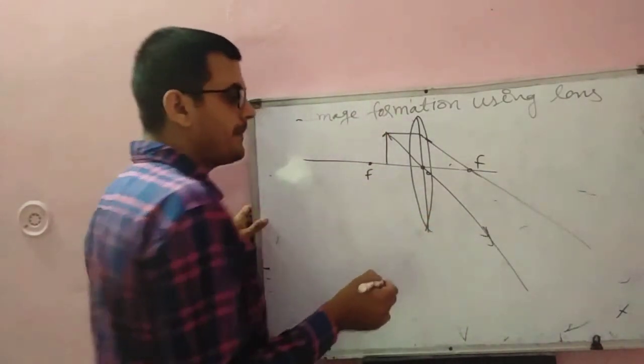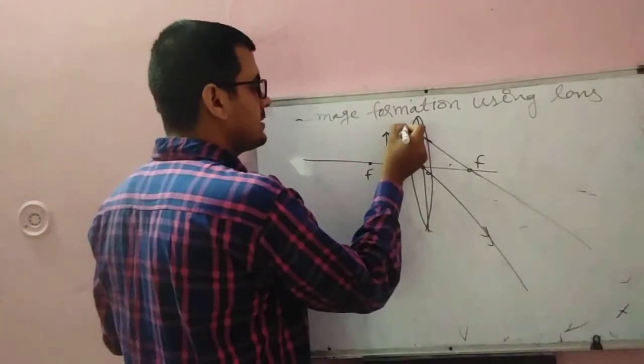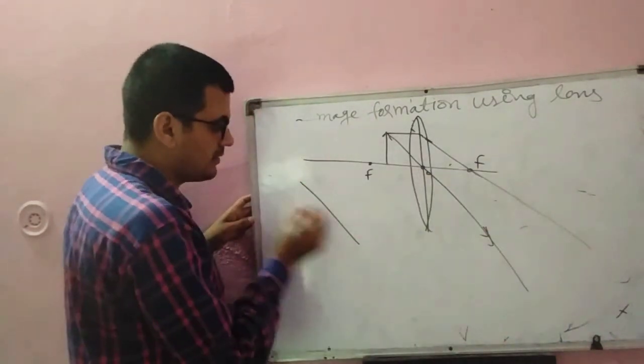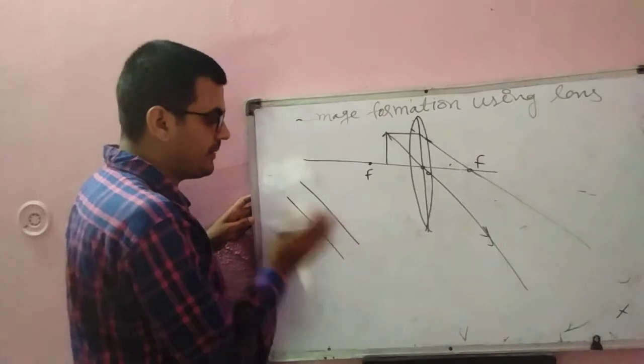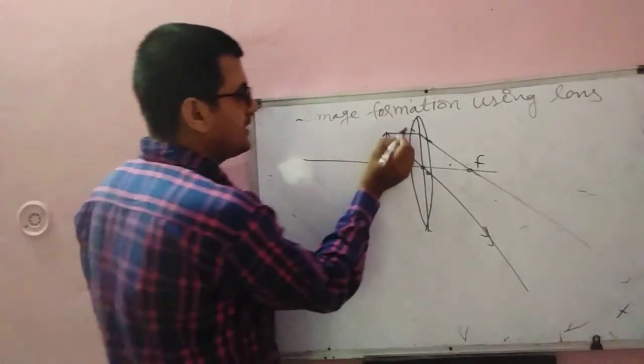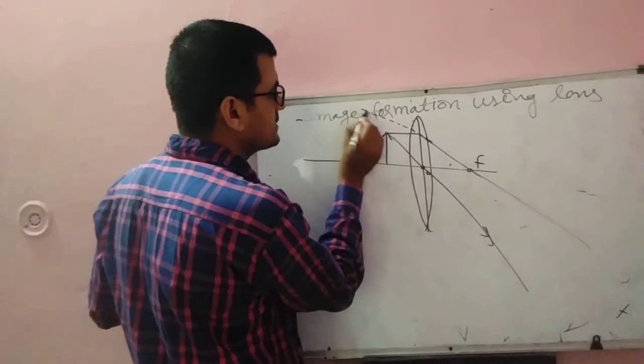So what will happen? You can see in the previous diagram the rays are parallel, but this time the rays are spreading like this. So it will appear that these rays are coming from the back side.